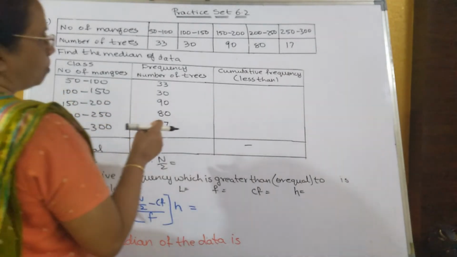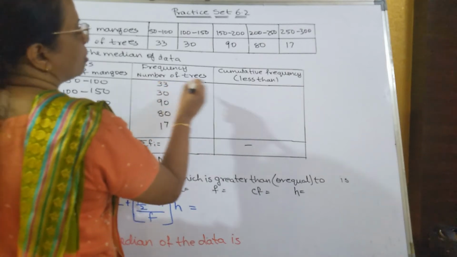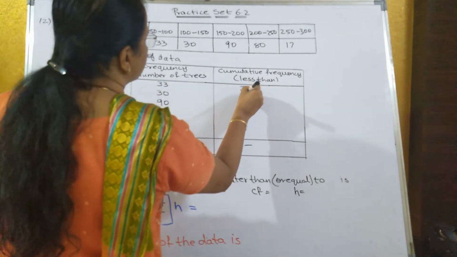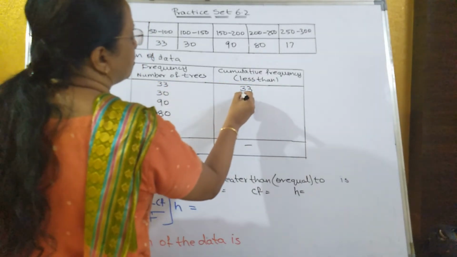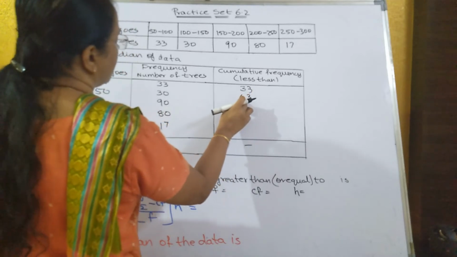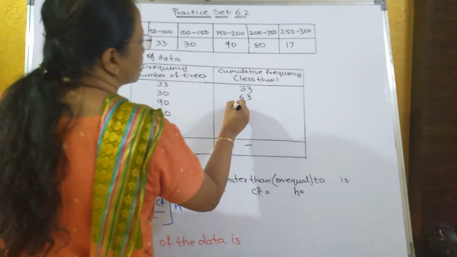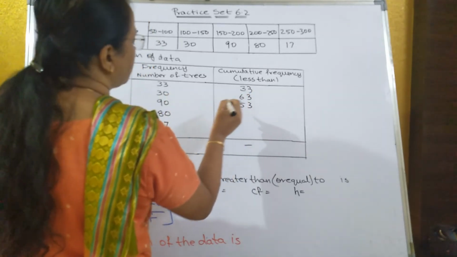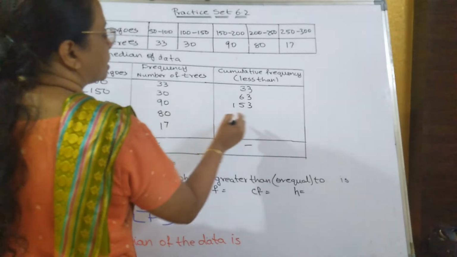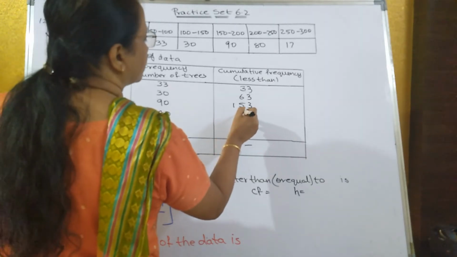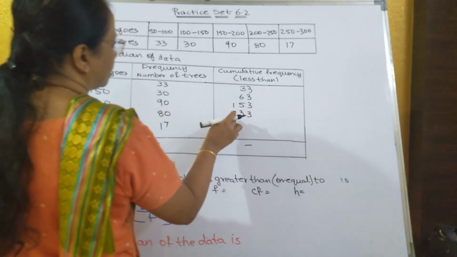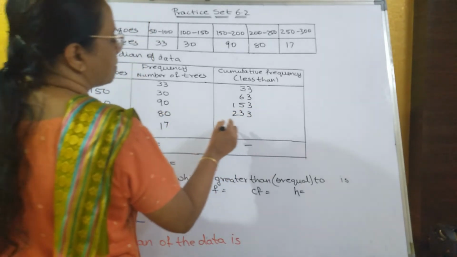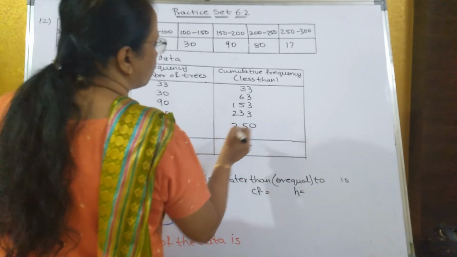Now find the cumulative frequency less than. The first one will remain as it is, 33. 33 plus 30 is 63. 63 plus 90 is 153. 153 plus 80 is 233. And 233 plus 17 is 250.